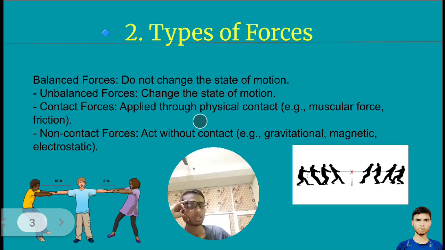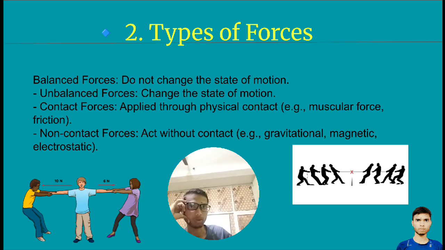Contact force is when we apply a force, an object touches, and then that object will be able to apply force. Any object will be moved when another object touches that object. This type of force is known as contact force.